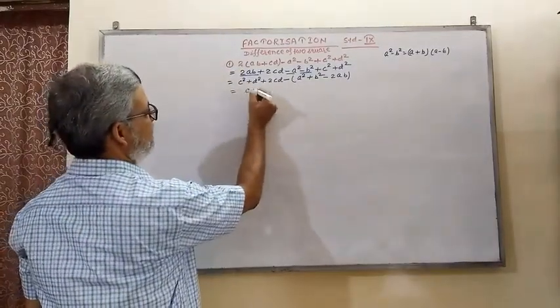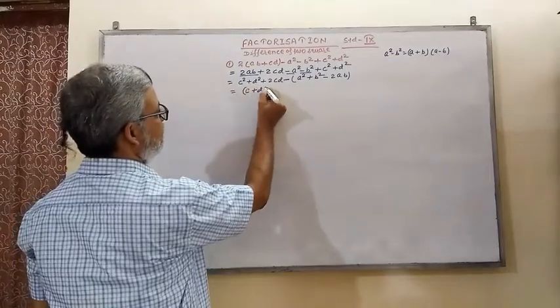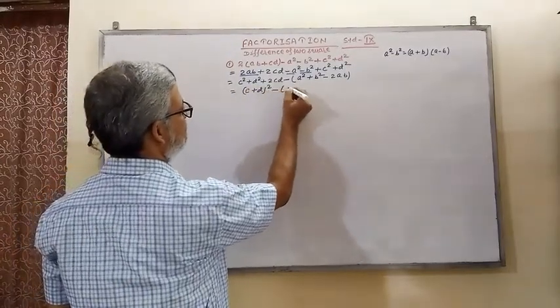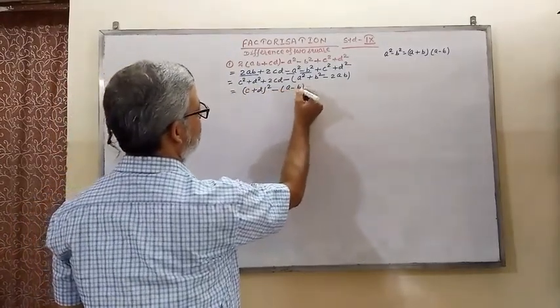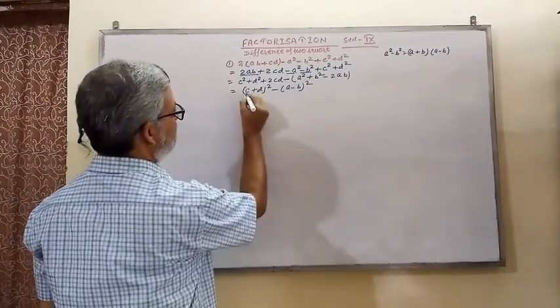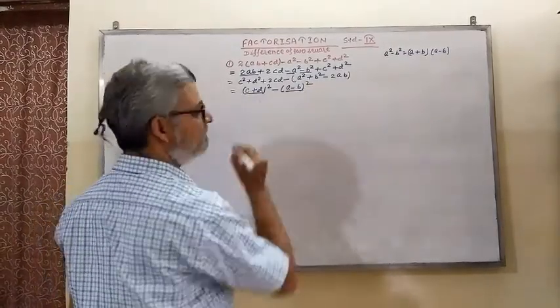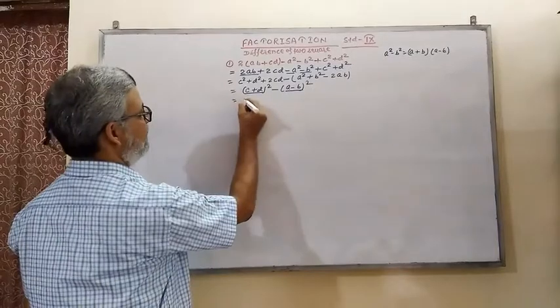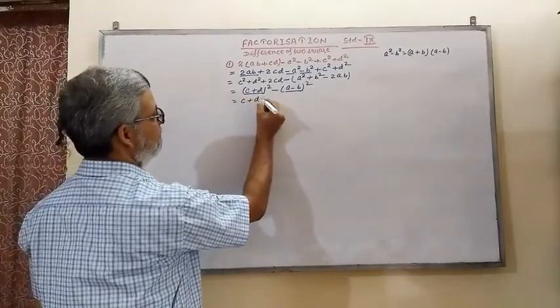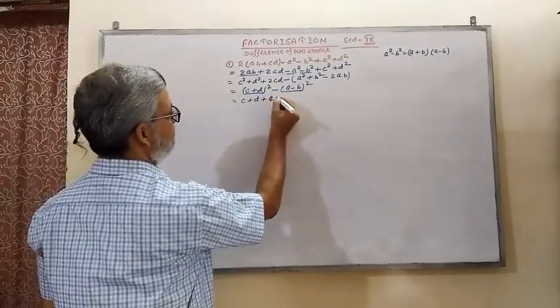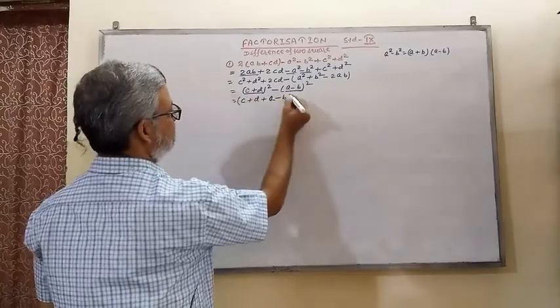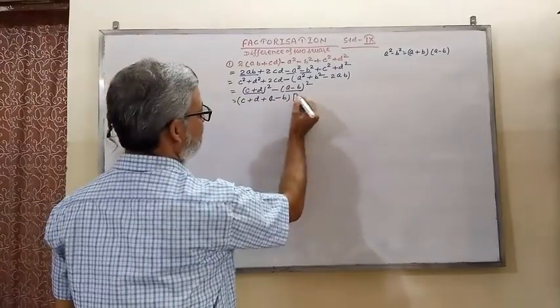Now this can be written as c plus d whole square minus a minus b whole square. Now it is in the form of a square minus b square. So that can be written as a plus b into a minus b.